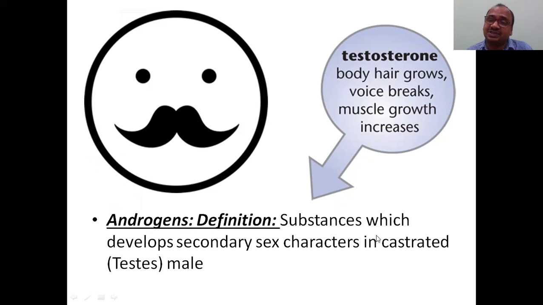Androgens are defined as the substances which develop secondary sex characteristics in a castrated male, that is, a male who has lost the testis. With androgen, secondary sexual characteristics develop like beard, voice change, mustache. Testosterone, the main androgen, is mainly responsible for body hair growth, voice breaks, and muscle growth. All these will be increased. They come under the secondary sexual characteristics.